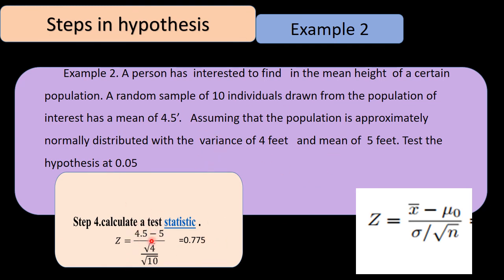Then the calculation: 4.5 is the sample mean minus the population mean 5, divided by the standard deviation. Here the variance is given, so we take the square root of the variance to get the standard deviation, then divide by the square root of 10. Ultimately you get the answer 0.775.